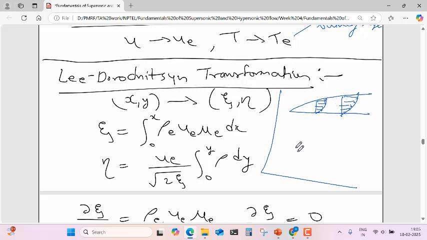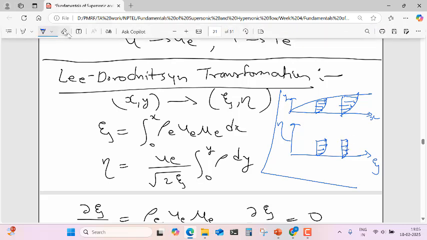So for the similar profile, what will happen is that, this is for x and y. For let's say some xi and eta coordinates, our boundary layer profile becomes the same.